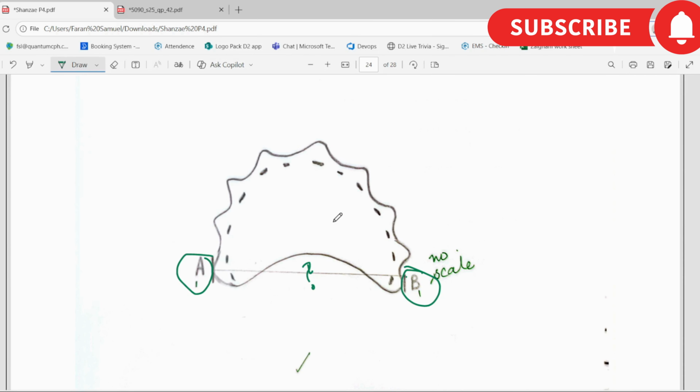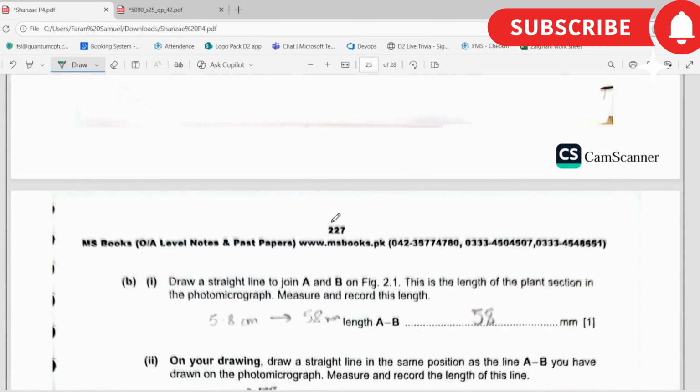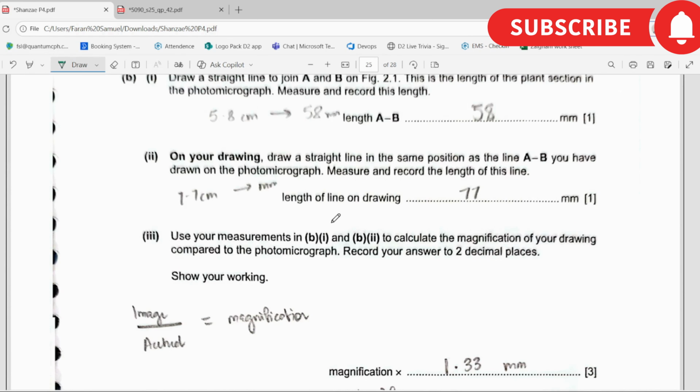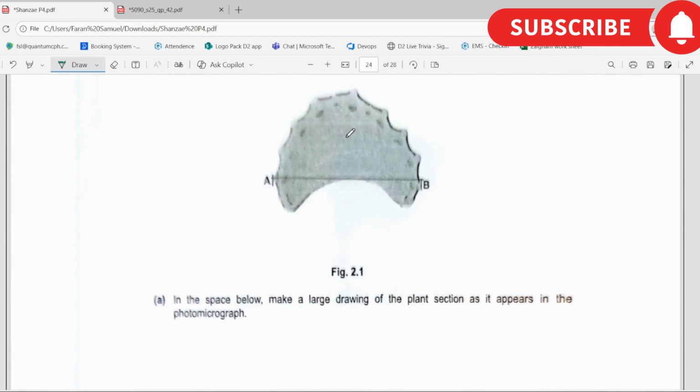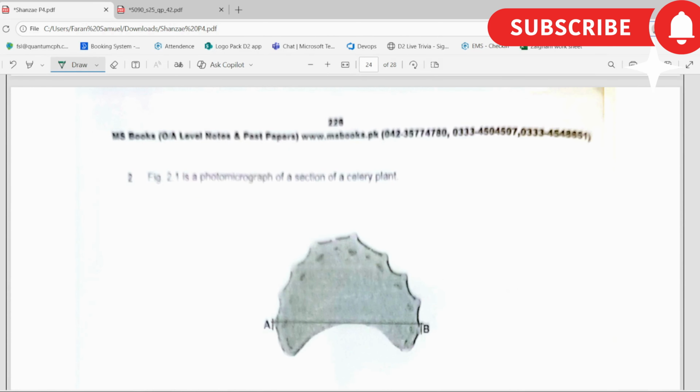No, don't write anything. Yes, you need to select the proportion on the diagram over here, not on the diagram that you are making. Make a proportion of the diagram they have given.